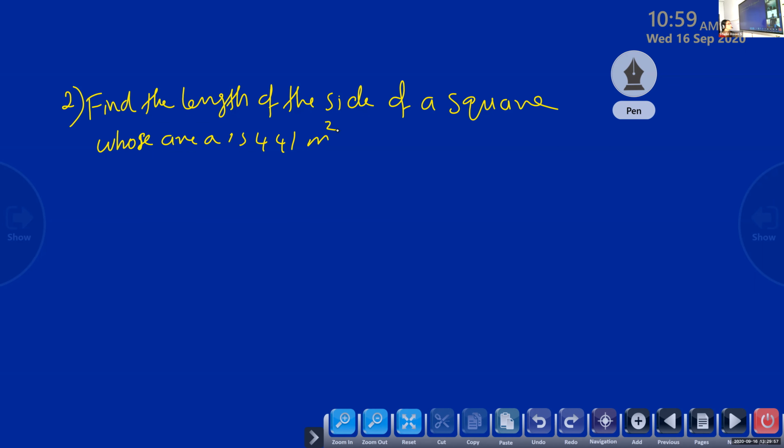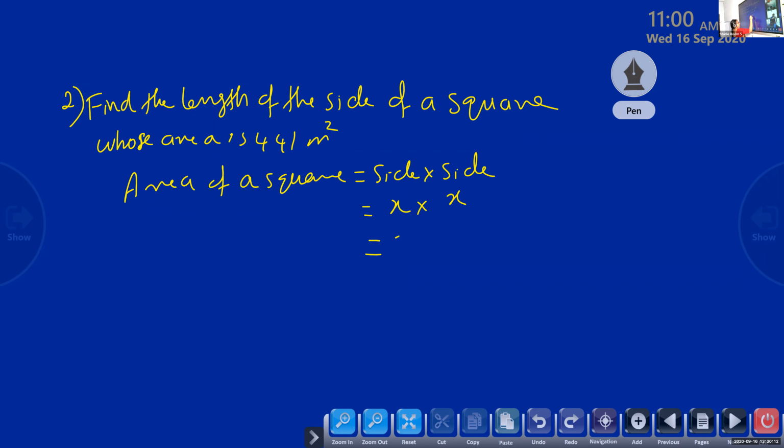That is the formula for area of a square: side into side. Area of a square equals side into side, or x into x. If the side is x, we can say the area is x square. It is given that x square is 441.